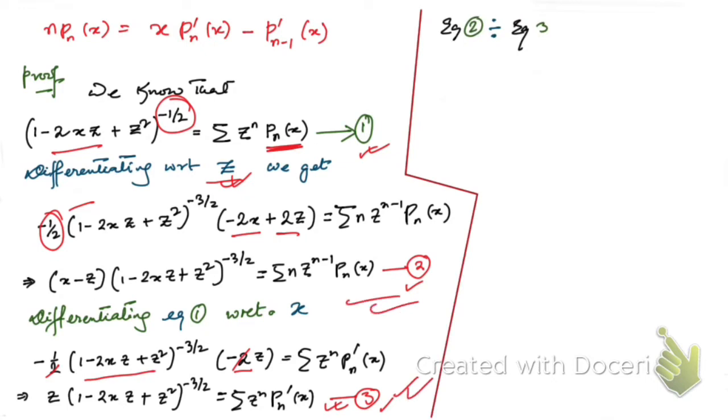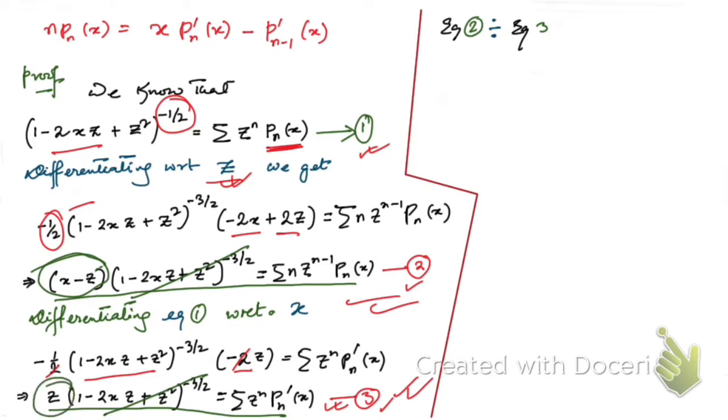If you divide this, these two terms will be cancelled. So on the left hand side you will get x minus z by z, right? And on the right hand side, you are going to get this result.